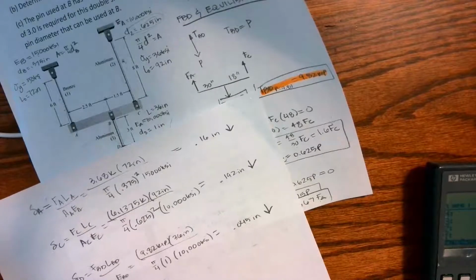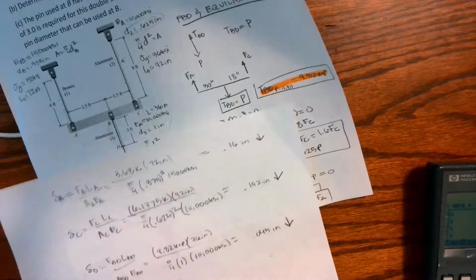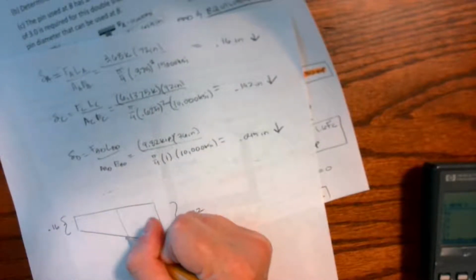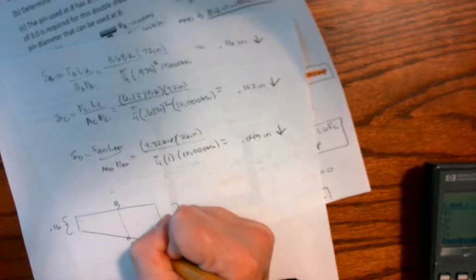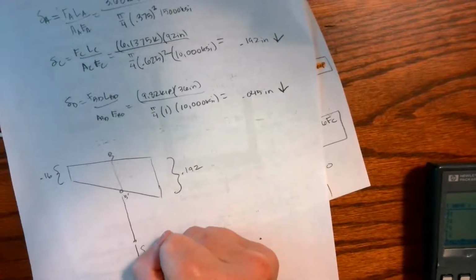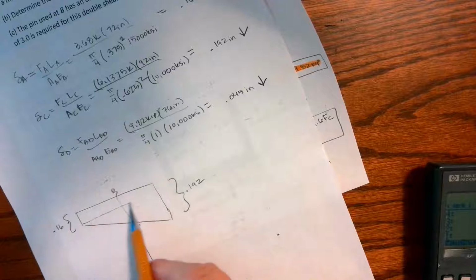Okay, so when I go back and look at my deformation, I have 0.192, 0.16. This has come down to B prime. And I have a stretch here of 0.045.